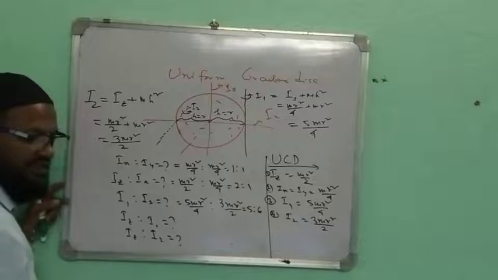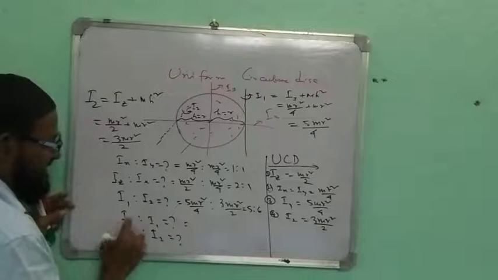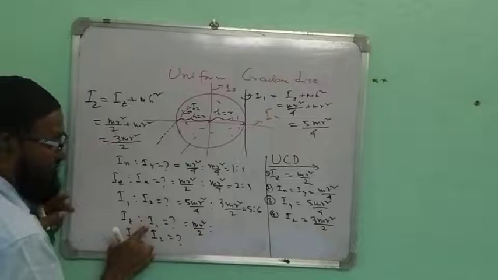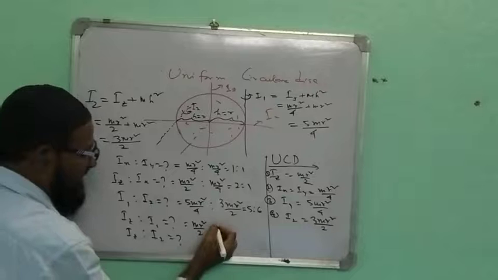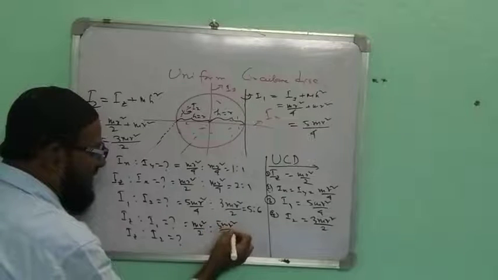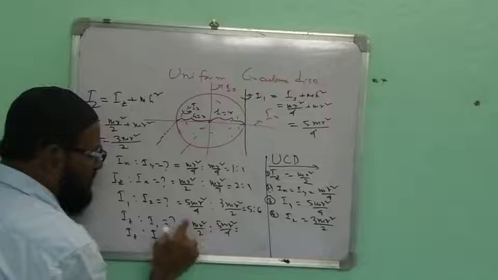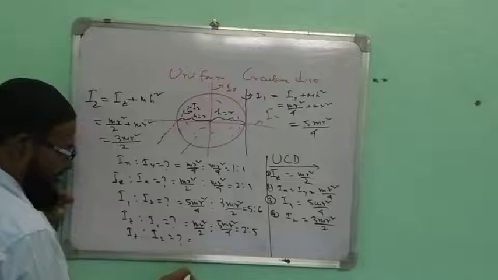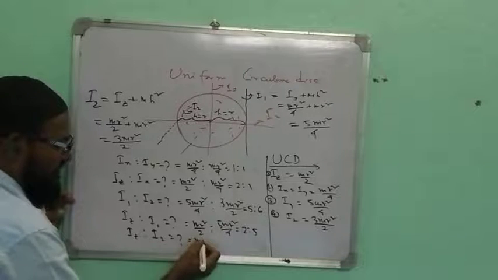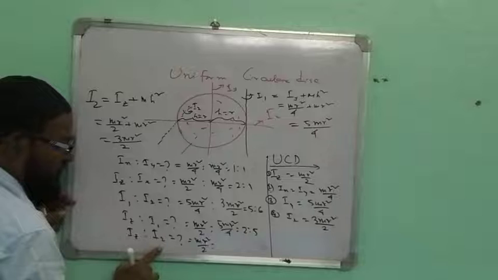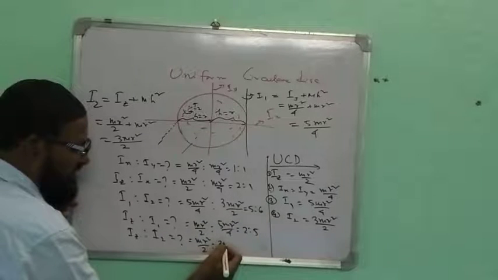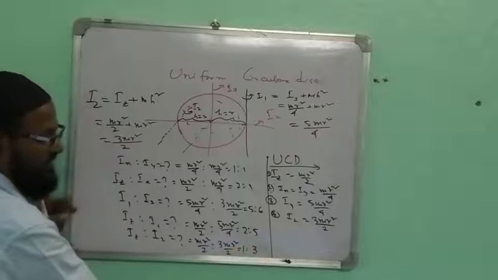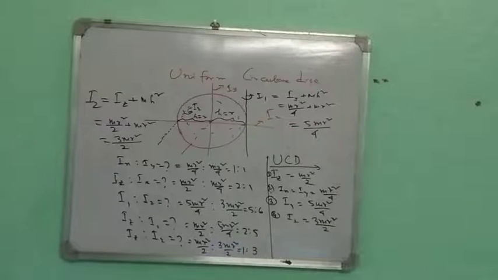Now Iz is M R squared by 2, and I1 is 5 M R squared by 4, so 2 is to 5. Iz, M R squared by 2, to I2, 3 M R square by 2, is 1 is to 3. Is it okay? Next.